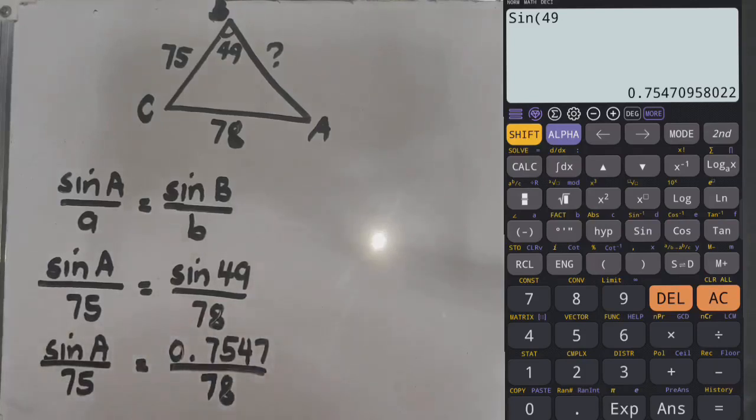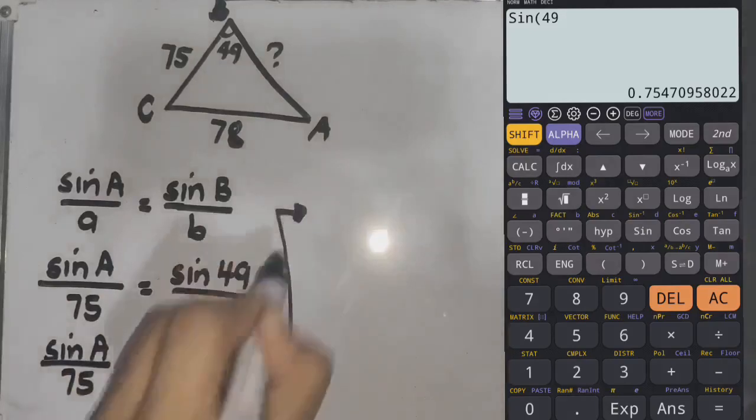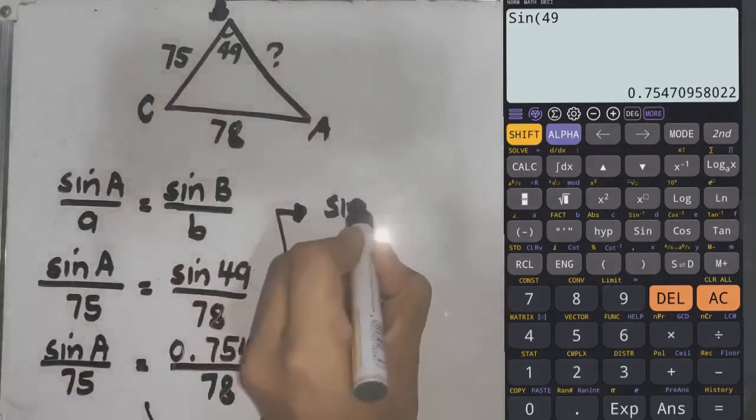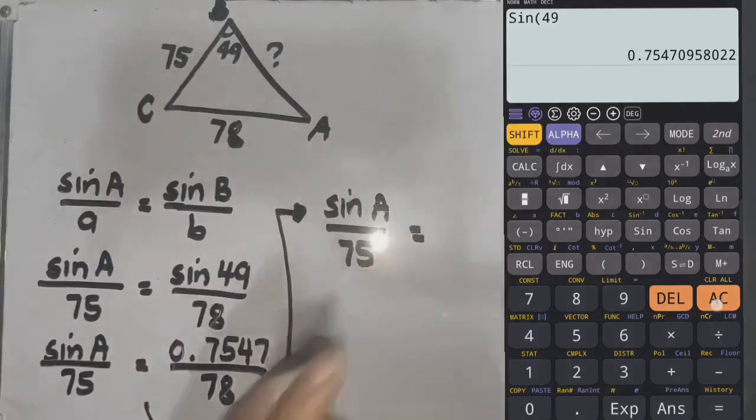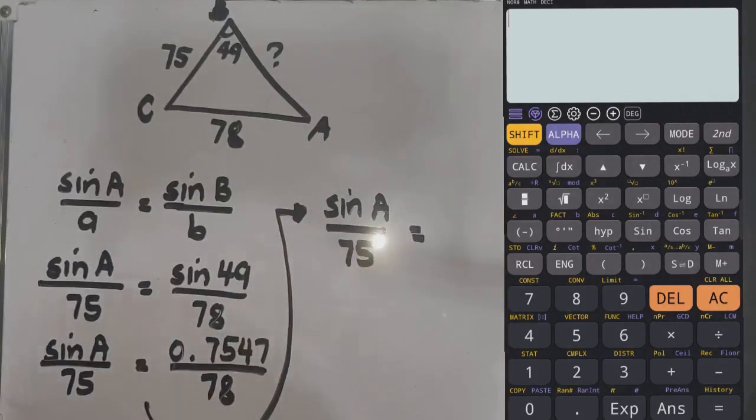So next thing is, dito sa kumpleto natin, pwedeng nating i-divide yung 0.7547 over 78. I-divide natin para mas maliit na lang yung value natin dito sa right side. So ganito yung gagawin natin. So copy natin si sine of angle A over 75 equals, we will divide 0.7547 by 78.